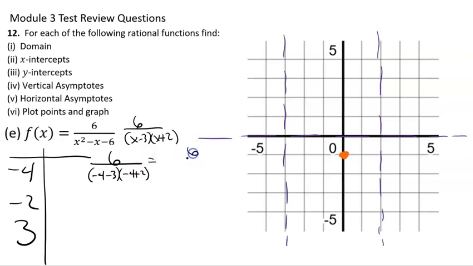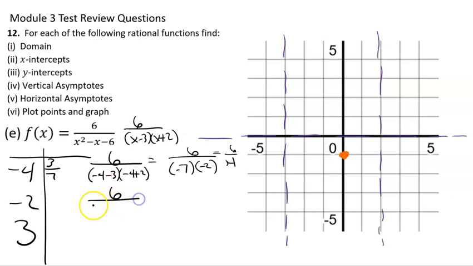Just be careful and don't do it too fast like I'm trying to do. Negative 4 minus 3 is negative 7. Negative 4 plus 2 is negative 2. So that's 6 divided by positive 14. Hey, that reduces. They both divide by 2. 2 goes into 6 3 times. 2 goes into 14 7 times. So 3 over 7. It's not pretty, but we can graph it.